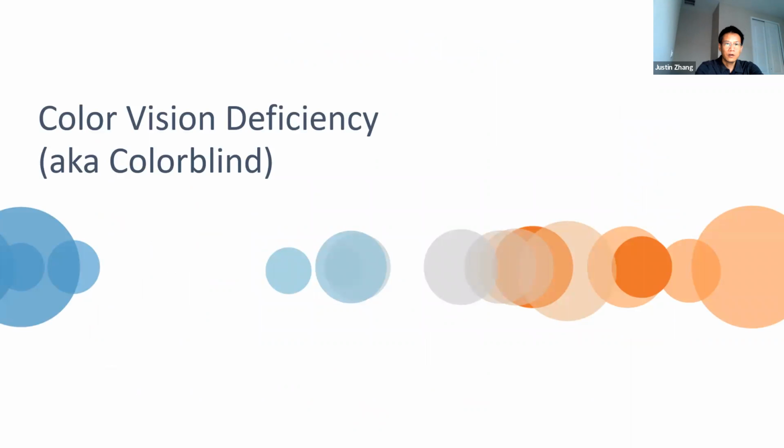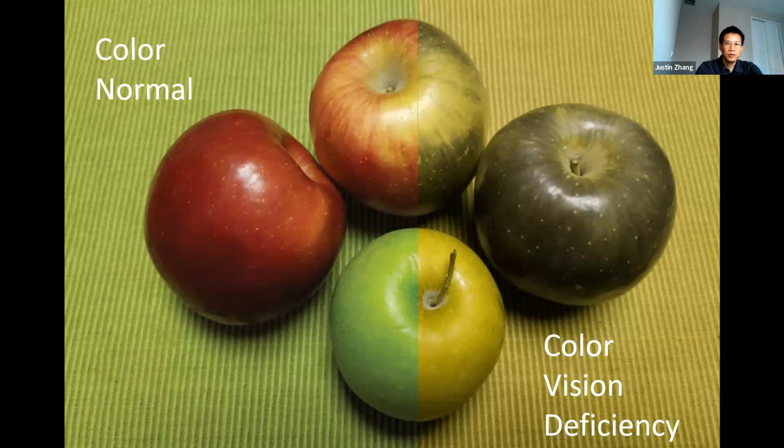Let's talk about color vision deficiency. This is a picture comparing what people with normal vision versus people with color vision deficiency can see of the red apple and green apple.